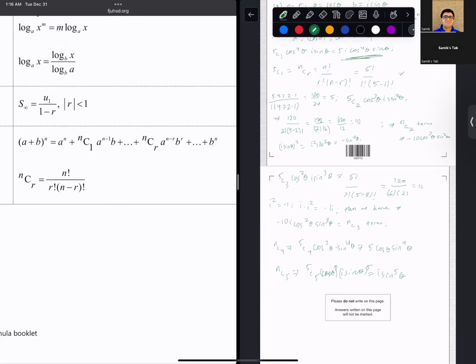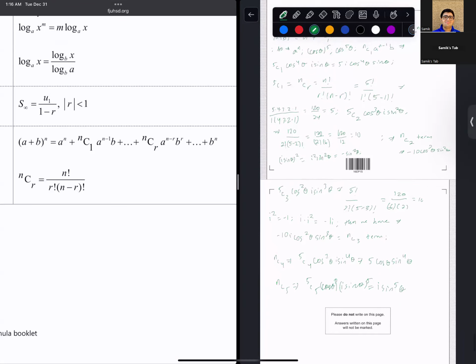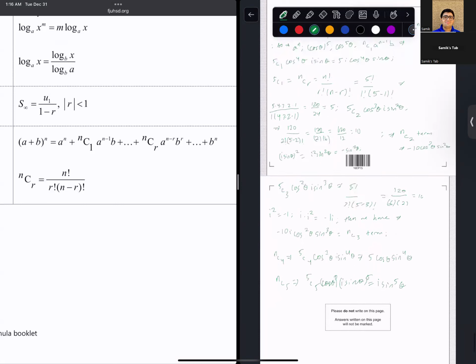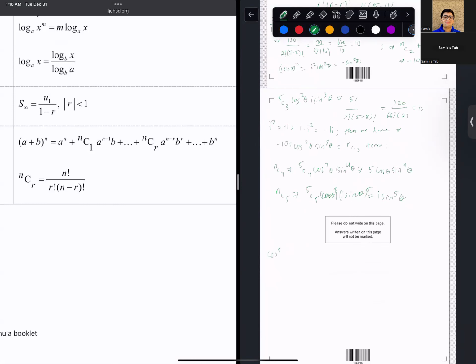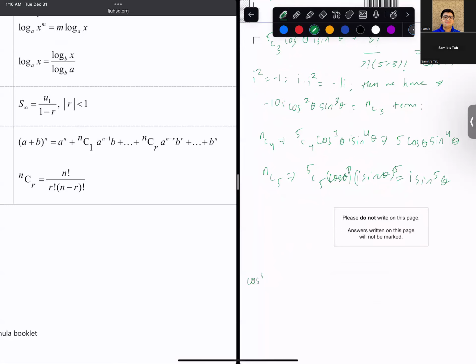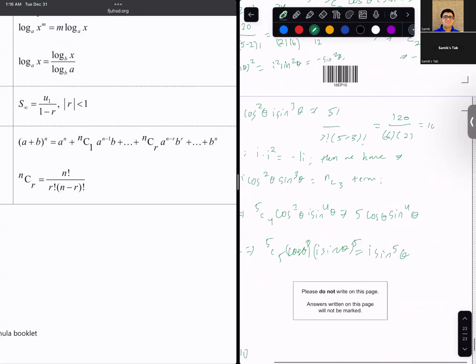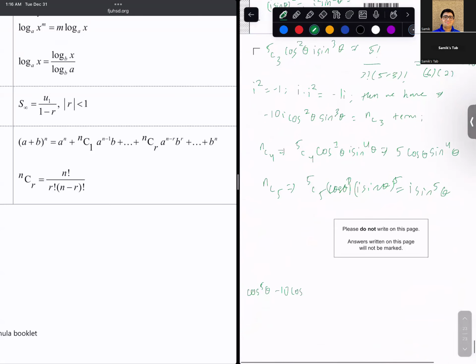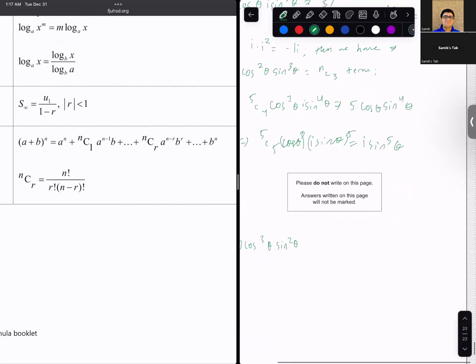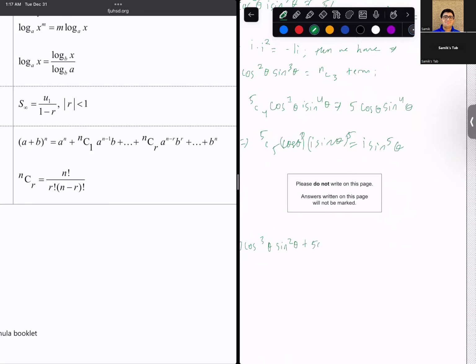First we'll have the real part, cos^5 theta, just saying it for simplicity, but it's cos theta raised to the 5. Then minus 10 cos^3 theta sine^2 theta. And then we can add our 5 cos theta sine^4 theta.